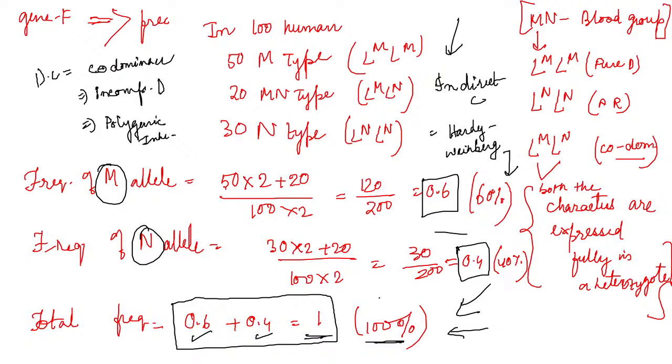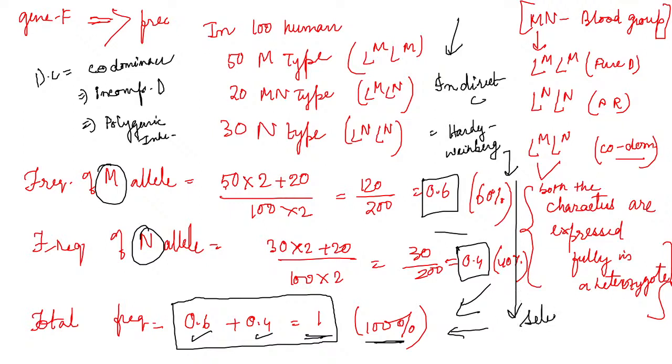Now we will move to the next point: the frequency of the population always remains constant. In a large randomly mating population, the frequency of any gene or allele remains constant generation after generation. Even if there is a generation gap, with more births and more deaths, the frequency will always remain constant, right? And in the Hardy-Weinberg principle, what were the factors that were not included?